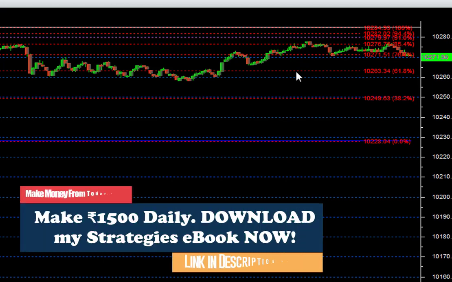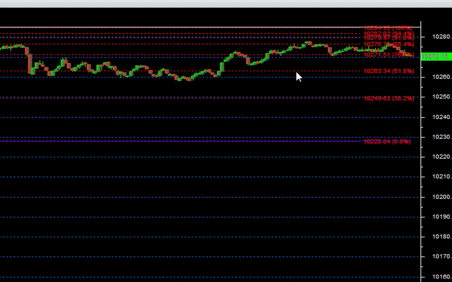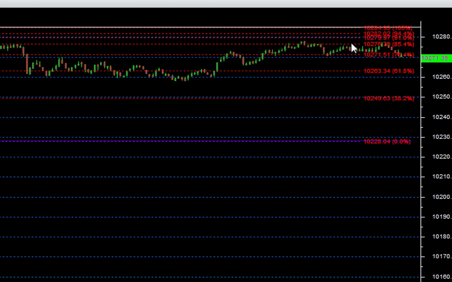That's one of the reasons exact levels of 61.8 or 38.2% are not always held. However, 61.8% is a norm which is a great support or resistance zone. Look at this, it held around that level and afterwards it is going further higher. So that is what the Fibonacci retracements are.